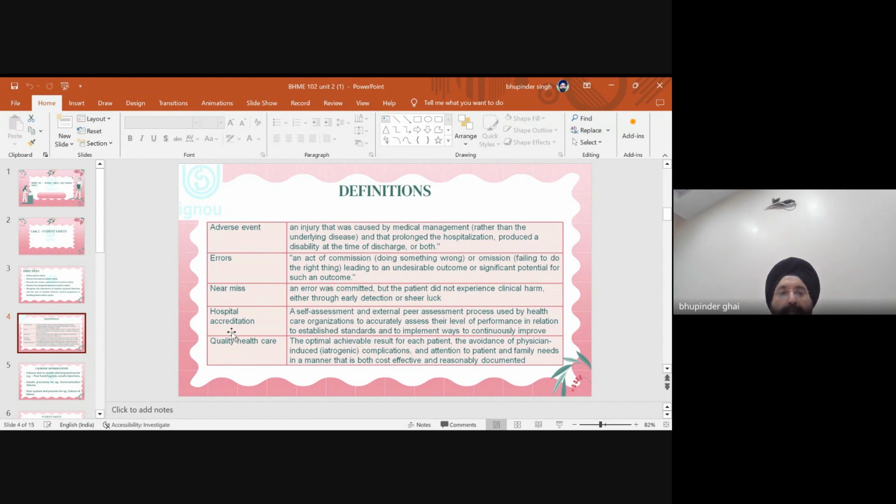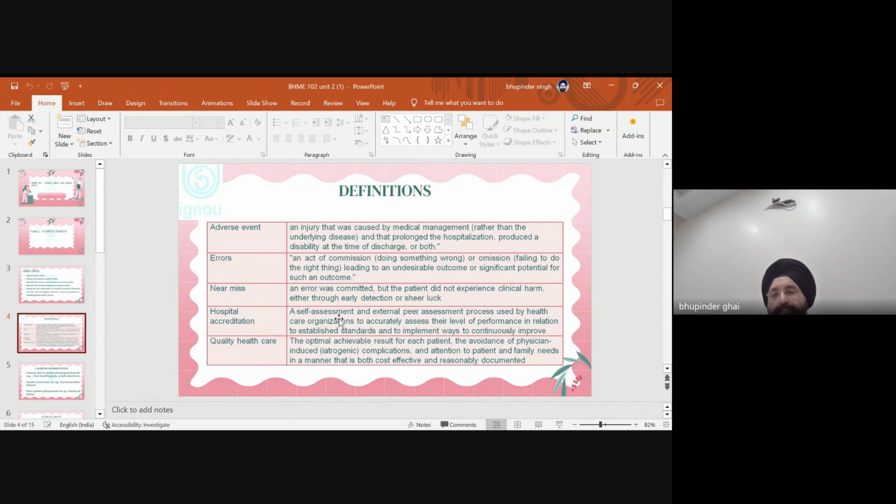Next is hospital accreditation. Hospital accreditation is a self-assessment or external peer assessment process used by healthcare organizations to accurately assess their level of performance in relation to established standards and to implement ways to continuously improve.